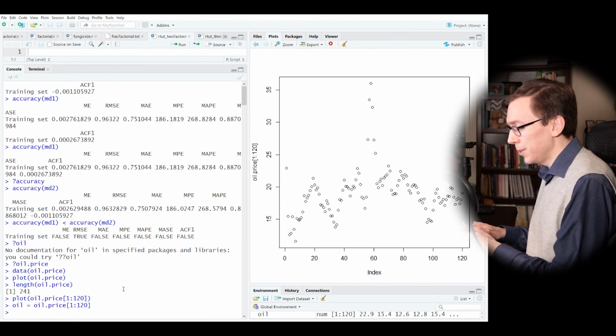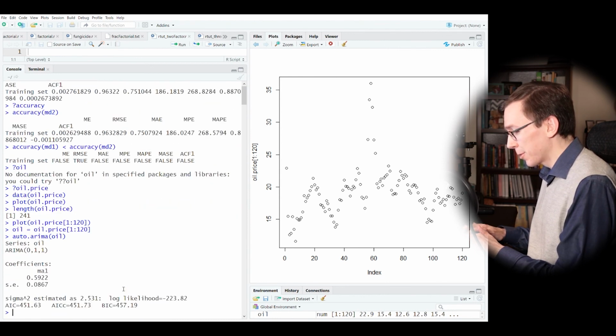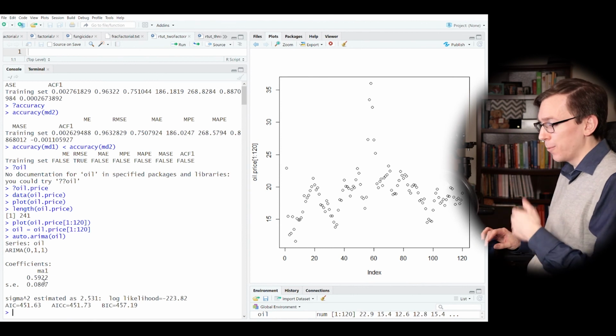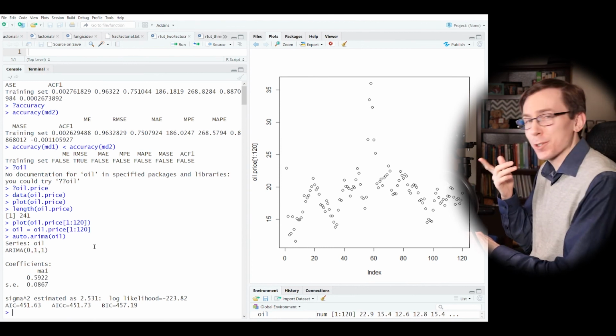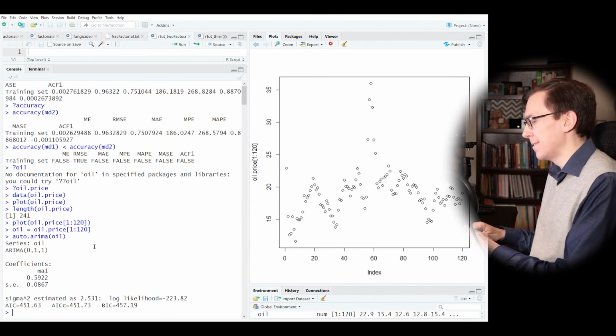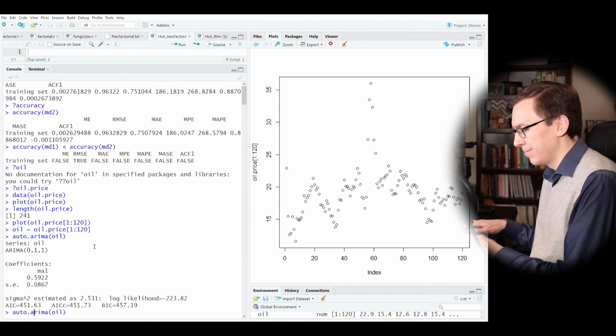Anyway, we can use the methods that we looked at before on this data set. So we can use auto ARMA to try to fit an ARMA model, and it comes up with an MA(1) after a first difference, which is quite interesting. It makes me think that maybe the process looks non-stationary if you were to fit an ARMA model to it.